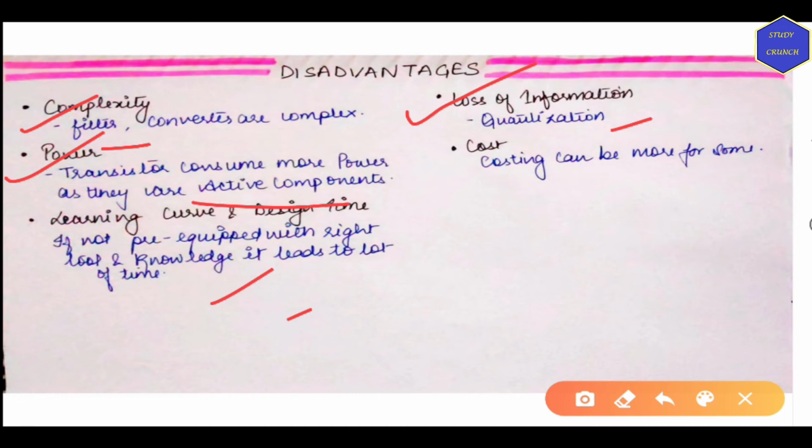So in quantization, many data bits are also lost. So it can be a little tricky to quantize those signals. Then cost is always a point in designing any circuitry. So cost is a little bit more than the analog system.